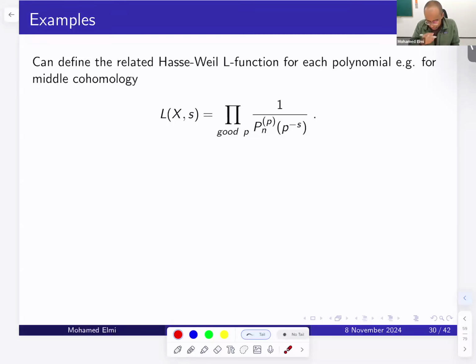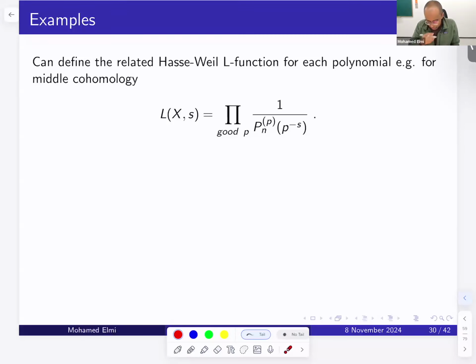Good primes mean when you reduce mod p, you still have something smooth. And the most basic example is the zeta function of a point. So just to convince you that these aren't so wild. For a point, N_{p^r} is always 1. You take the sum, you get some logarithm, exponentiate, and you get a rational function as promised.